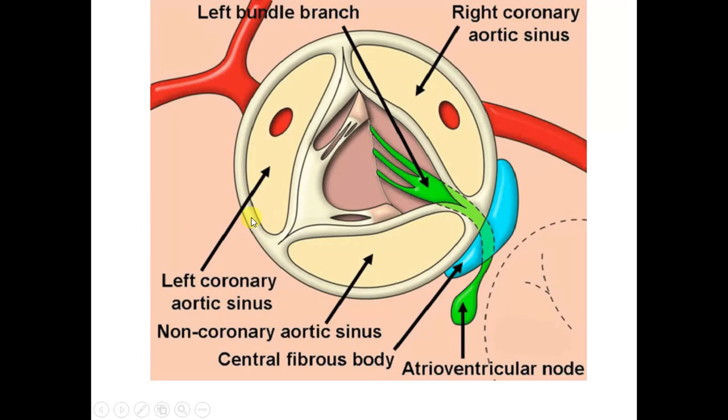This is part of the central ring, the fibroskeleton of the heart. We have discussed the fibroskeleton of the heart earlier. This is the aortic ring of the fibroskeleton, to which the valves are attached, also the musculature that is attached to this ring.